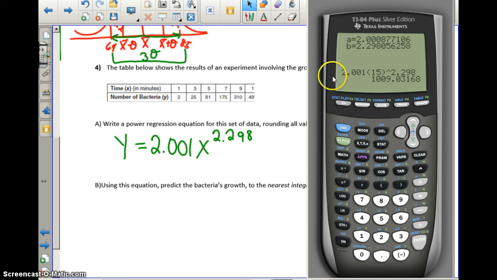And the answer to the second part would be your 2.001, 15 minutes goes in for x, raised up to the 2.298, and rounding this answer to the nearest integer, as they said, you would have 1009.